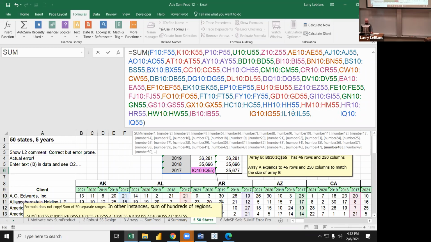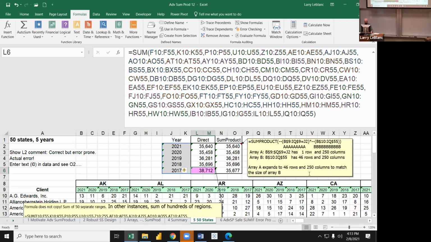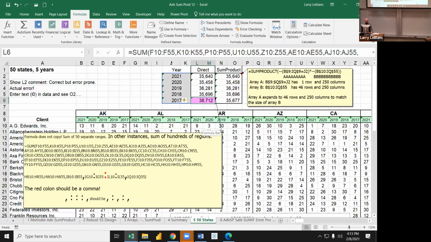Colon, colon, colon, comma. Somehow the guy had misclicked and created an error and had retyped it rather than using the mouse. Colon, colon, colon is not correct, and there was an error there. Not surprising. I would probably make an error too if I were using that formula.